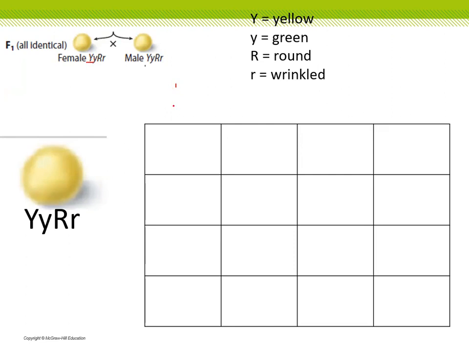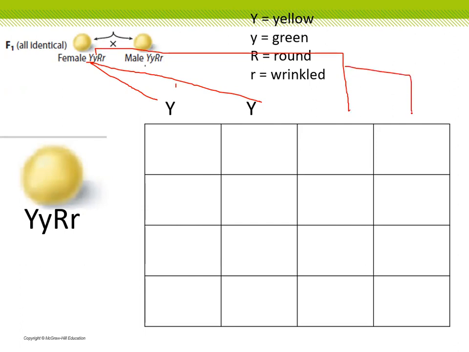I'm going to take a dominant gene for color, big Y. And that's going to go to two different locations, right? Again, if I'm drawing that, I will erase this in a second, but it's going to go like that. And then the other one, the recessive one, is going to go in two spots as well. There's 4 combinations.